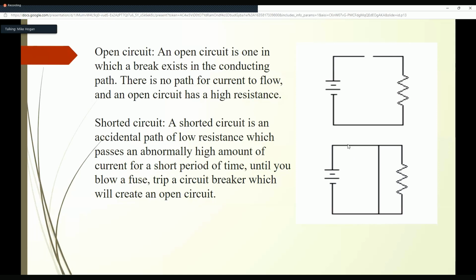So let's say I had a breaker wired in here. As soon as the breaker realizes that the current is too great, the breaker trips, opens the circuit, and now I've got no current flow because I've got an open circuit here. Even with the short here, I've got an open circuit. So, you have a safe condition again.